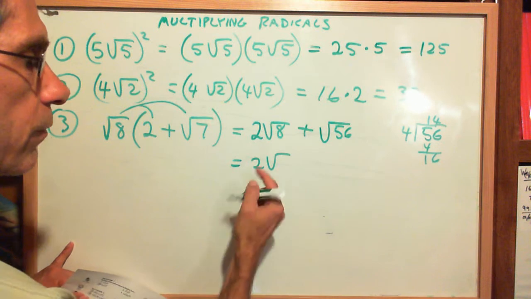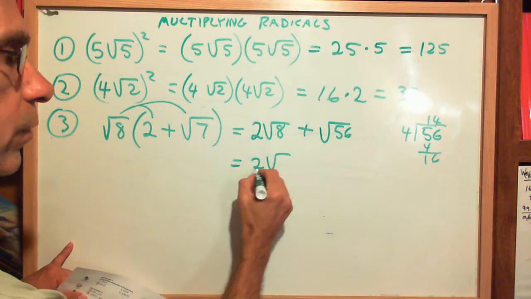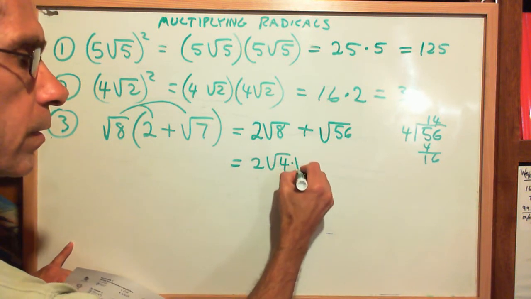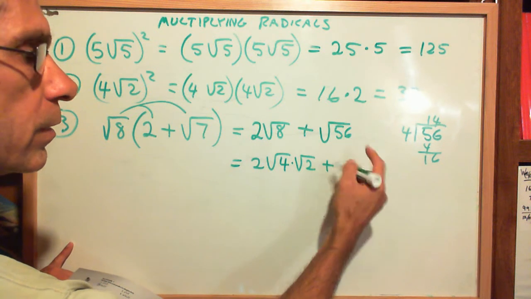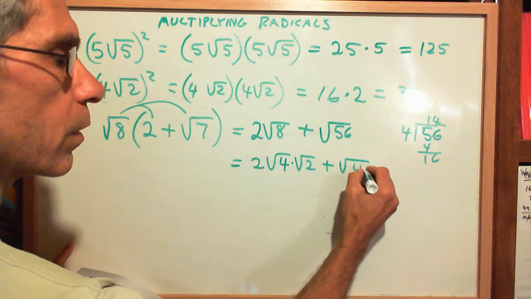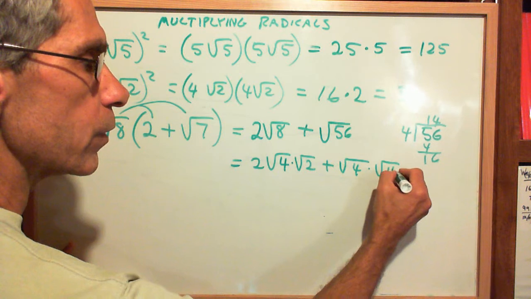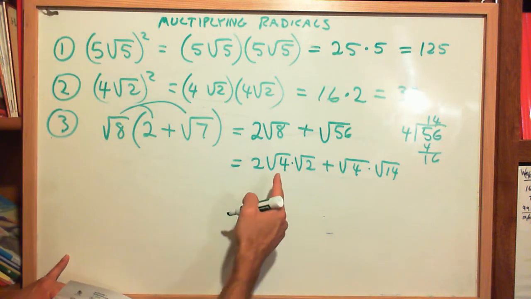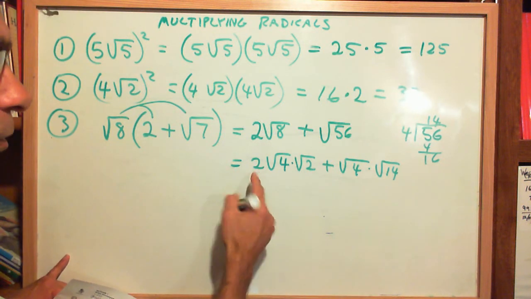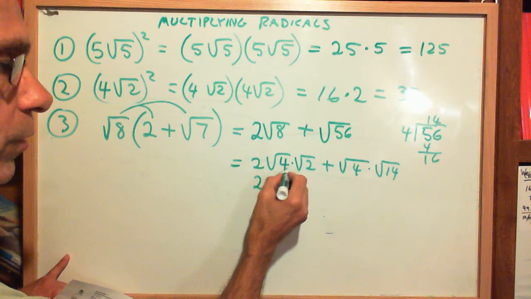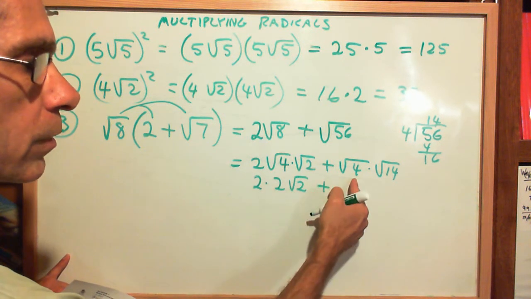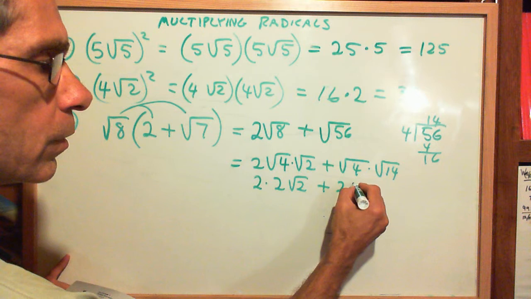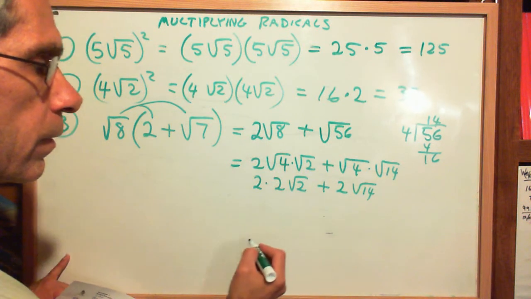We're going to say 2 times the square root of 8 is the same as 2 times the square root of 4 times the square root of 2, plus the square root of 4 times the square root of 14. So now let's see what we've got. 2 times the square root of 4 is 2 times 2 times the square root of 2, plus the square root of 4 is 2 times the square root of 14.